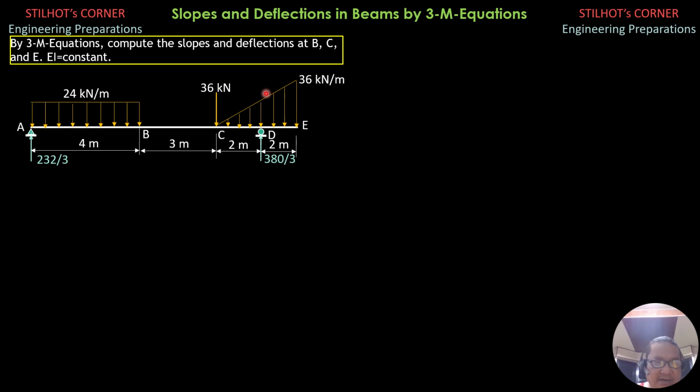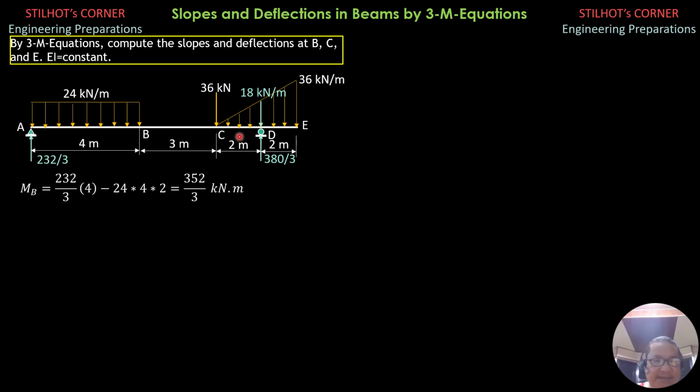Then the value of the intensity of loading at D, because it is the center, is half of 36, so it is 18 kilonewtons per meter as shown in the figure. So again, the moment at B is 232 over 3 times 4 minus 24 times 4 times 2, and that is equal to positive 382 over 3 kilonewton meters.